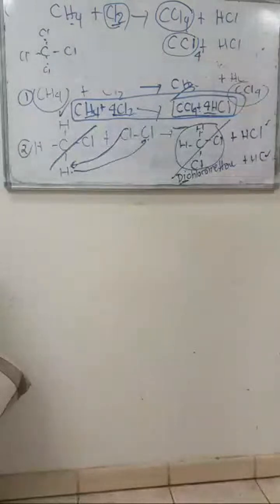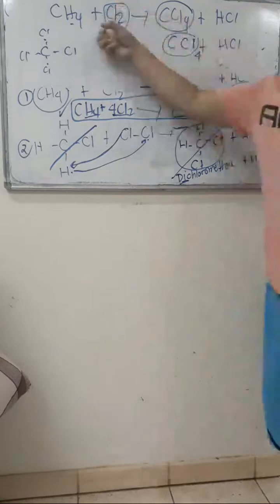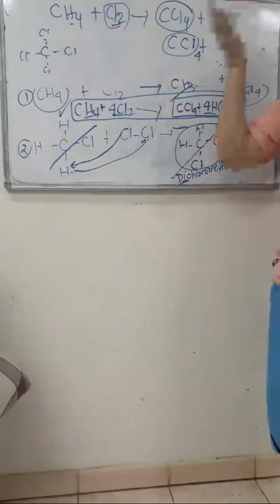This is the most difficult part, the prediction of the products, because once you have the products wrong, then the entire answer to your question in the examination will be wrong. If there is a reactant and a product, it's easy to balance the chemical reaction.